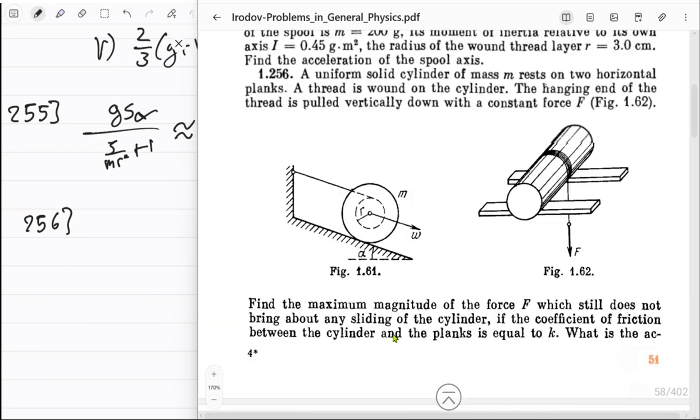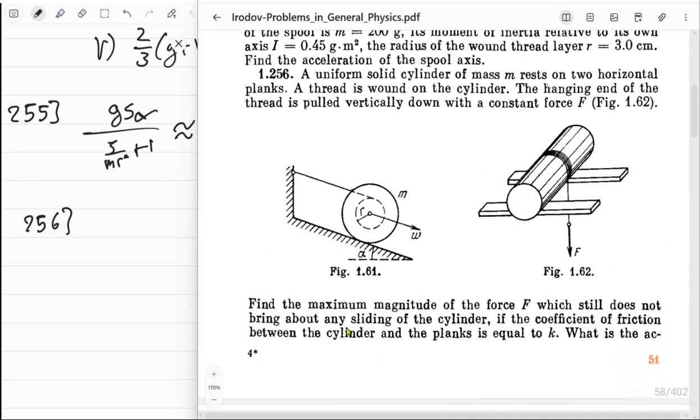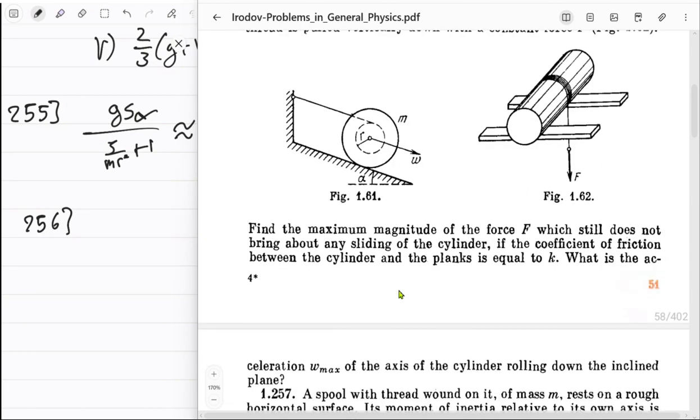Inclined plane? Wait, am I going to some different thing? What is force? I don't know what this is. This is off the cylinder rolling down the inclined plane. There's no inclined plane. What are you talking about?